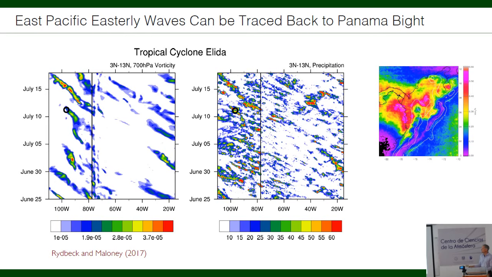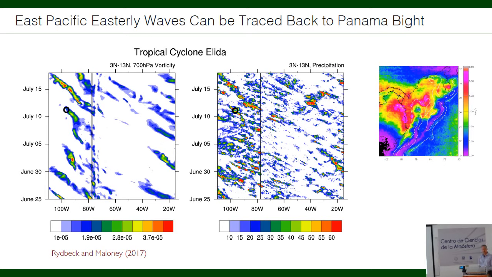Maybe one event here, possibly rotational disturbances propagating from the Atlantic into this region. It does seem like much of the activity propagating westward, associated with easterly waves, is initiated right here in the Bight of Panama region. So this is not conclusive, but it is some evidence that this region could be seeding westward propagating disturbances.